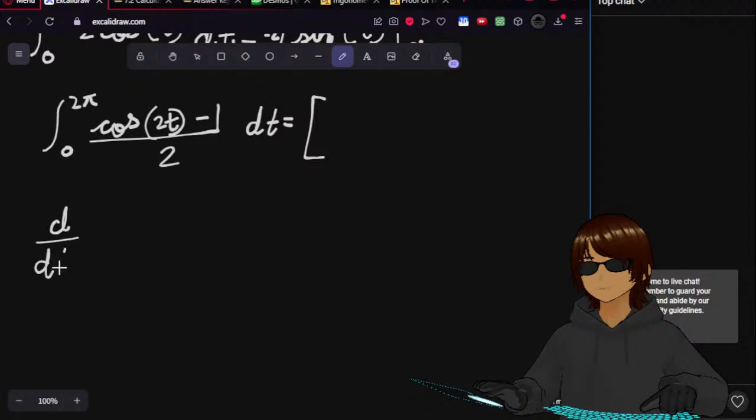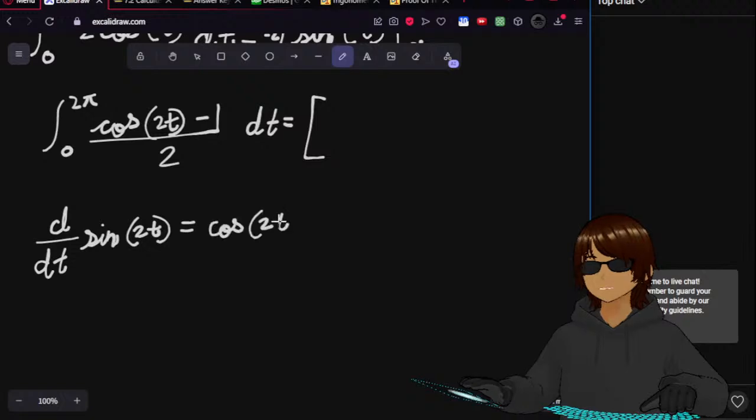Derivative of sine 2t is cos 2t times 2.